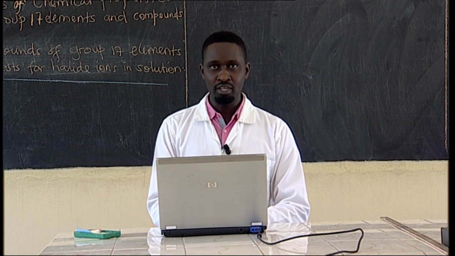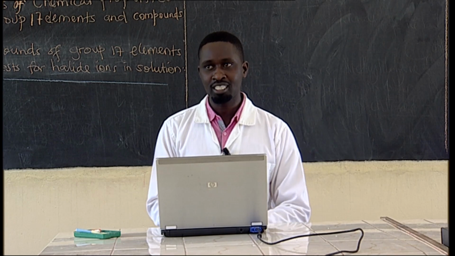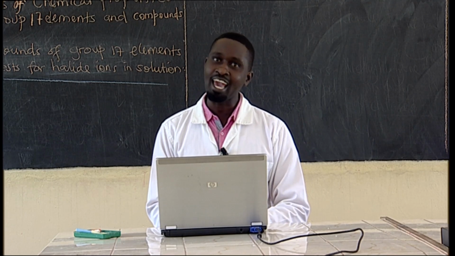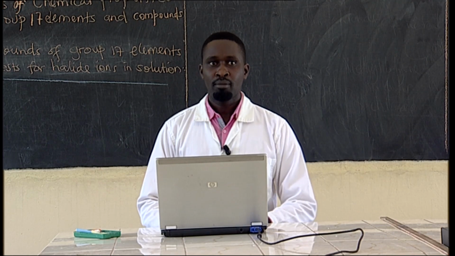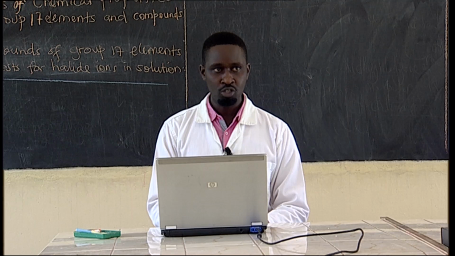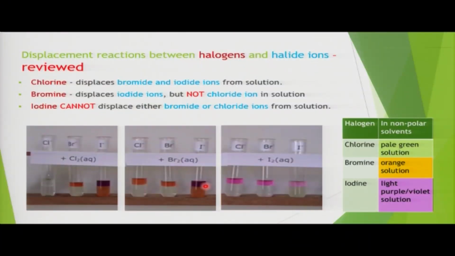Then iodine, because it is a poor oxidizing agent, does not displace either bromine or chloride from its solution. So as you see the observations, when you add different components into those test tubes having solutions of the halide ions. That's what we looked at last time, and that is about the summary of oxidizing and reducing abilities.